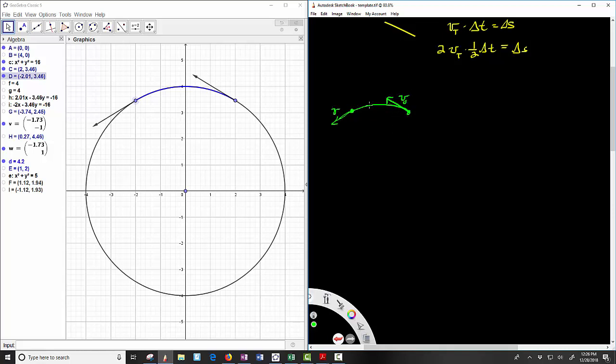That would be my initial and my final. Now if I figure out the acceleration, it would be from here to here, and my acceleration would be that difference right here. Let's call this acceleration 1. So this would be v1, v2.